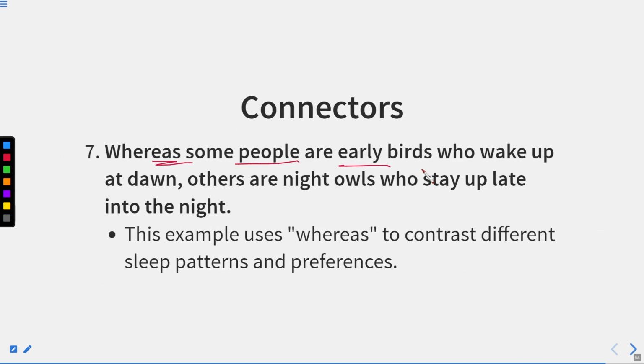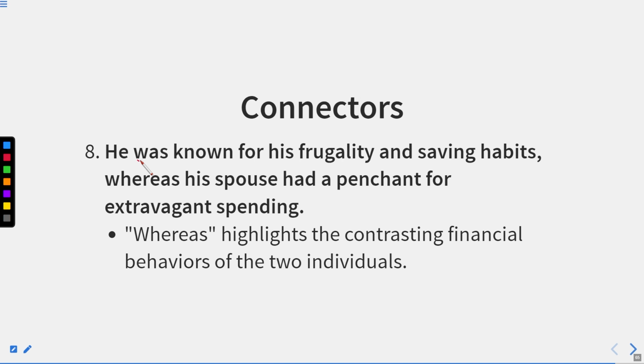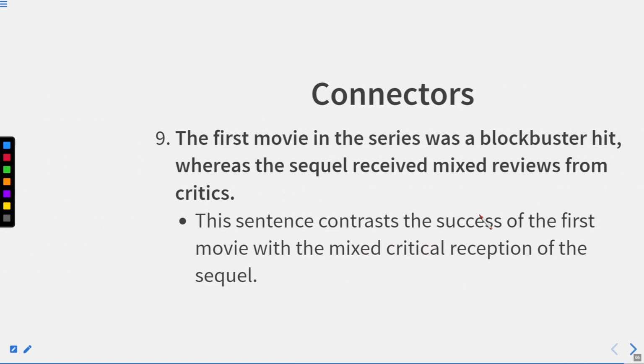Whereas some people are early birds who wake up at dawn, others might stay up late into the night. This example uses whereas to contrast different sleep patterns and preferences. He was known for his frugality and saving habits, whereas his spouse had a penchant for extravagant spending. Whereas highlights the contrasting financial behaviors of the two individuals.